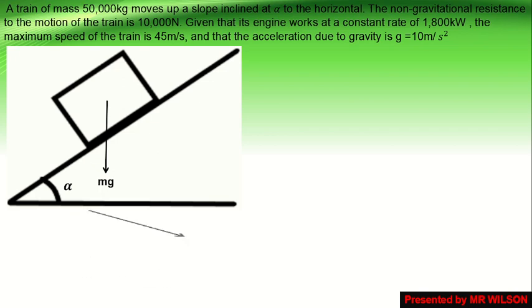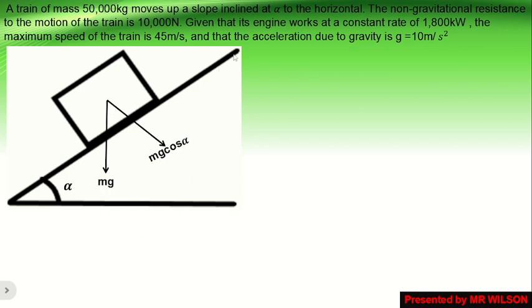Using the Z angle theorem correctly, you see that this angle equals this angle. From basic trigonometry, the side adjacent to this angle is your cos. So here you have a force mg cos alpha.